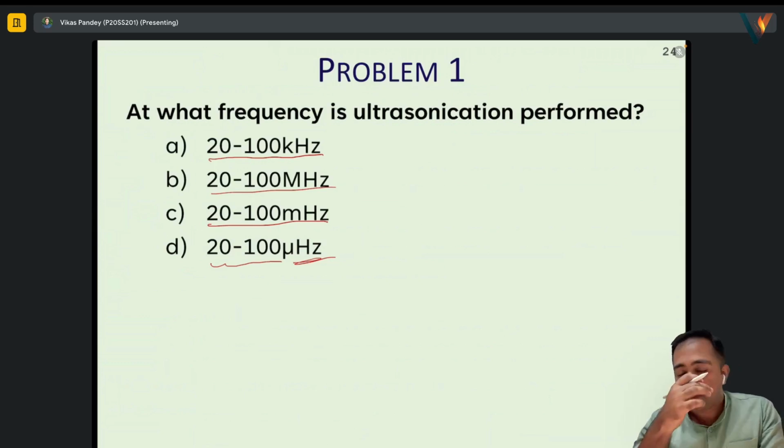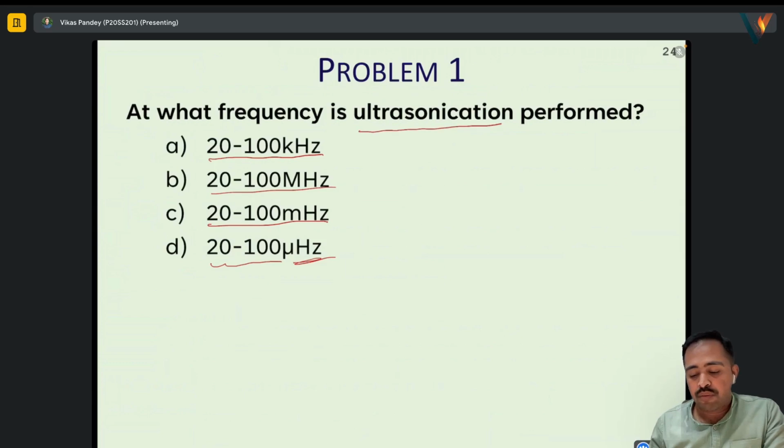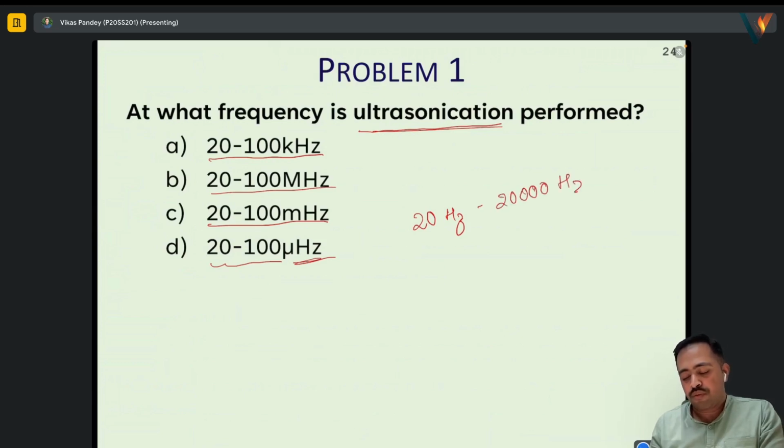So remember, we talked about it: when we talk about ultrasonic, it is beyond the human audible frequency range. Okay, and the audible frequency range is 20 hertz to 20,000 hertz or 20 kilohertz, right?